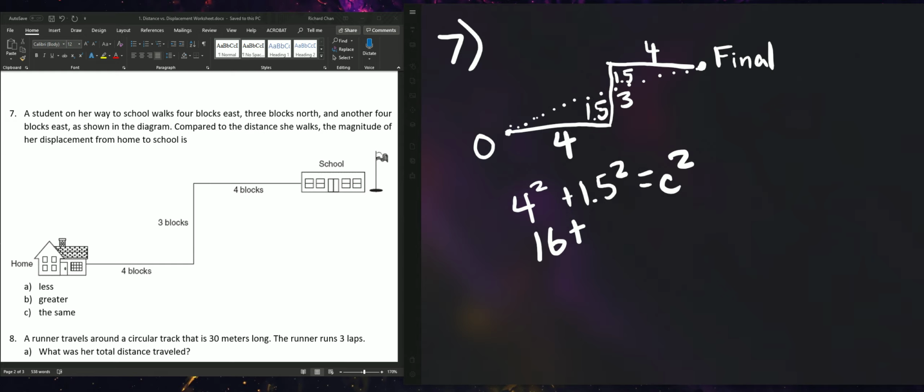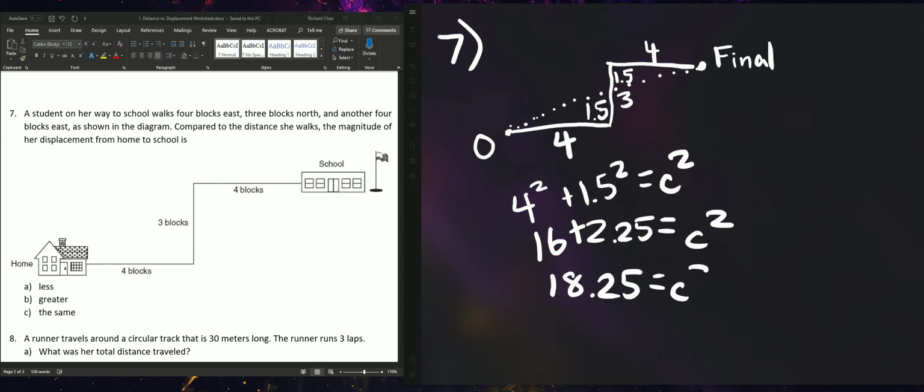Let us calculate it. 1.5 squared is 2.25. So c squared is 16 plus 2.25, which is 18.25. Wow, yeah, I actually went to my calculator for that. That's when you know it's embarrassing. All right.